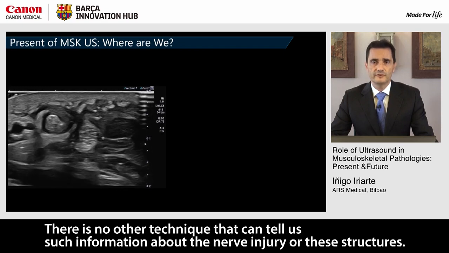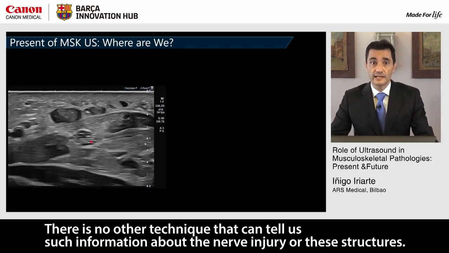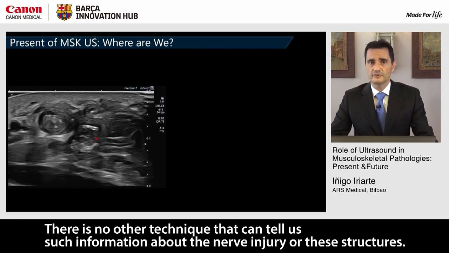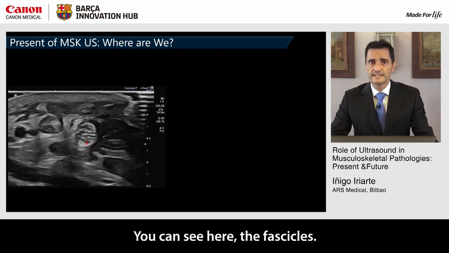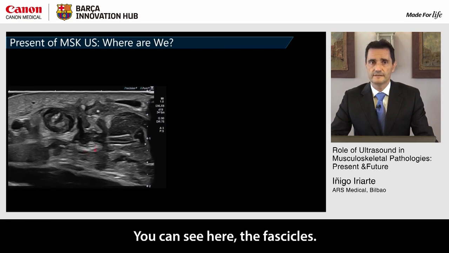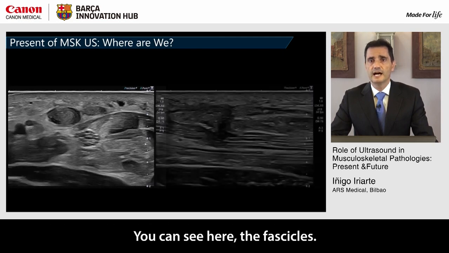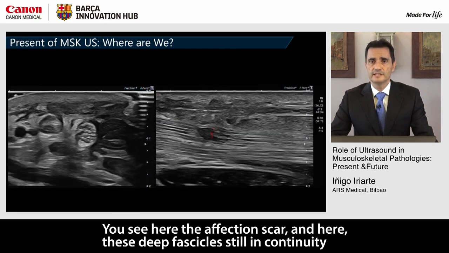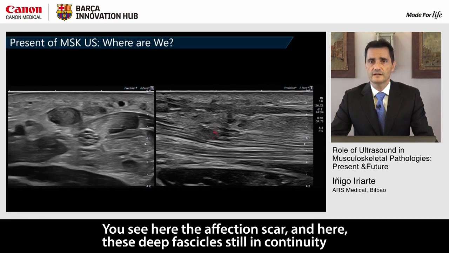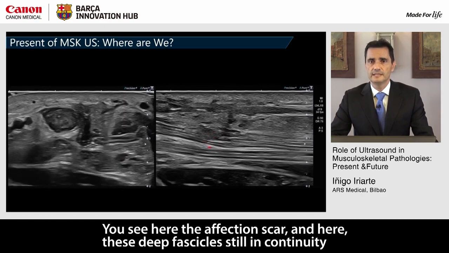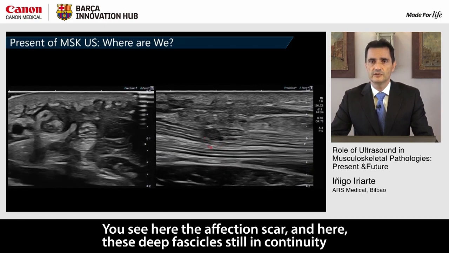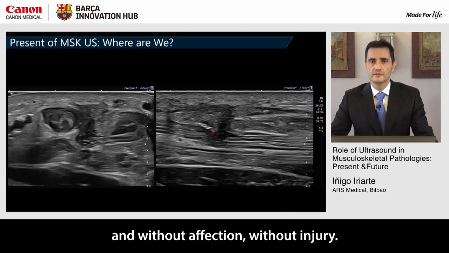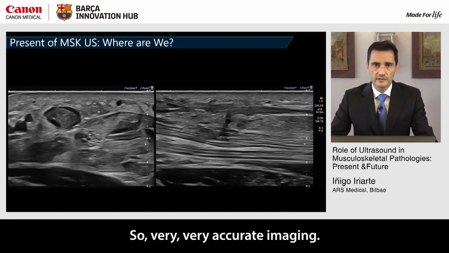So there's no other technique that can tell us such information about a nerve injury or these structures. You can see here the fascicles, and in the long axis, again, this is the median nerve. You can see here the affection, the scar, and these deep fascicles still in continuity and without injury. So a very accurate imaging.